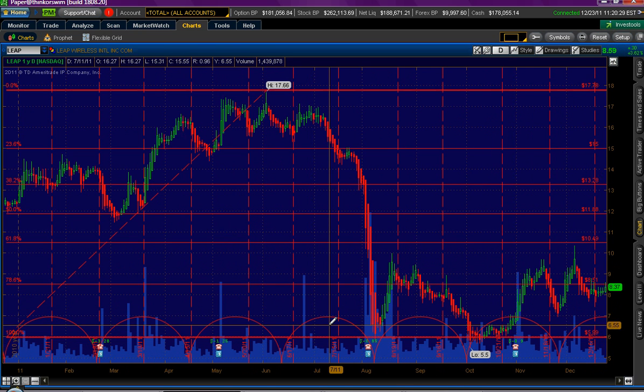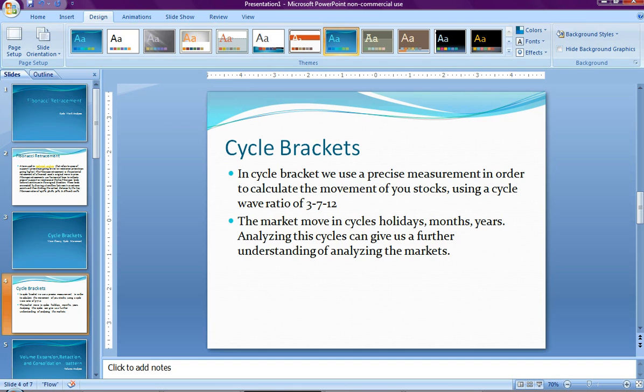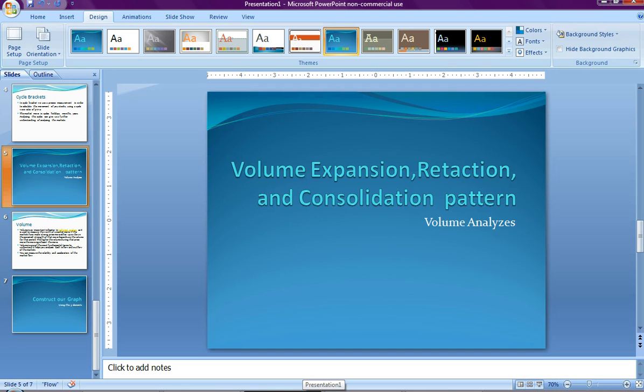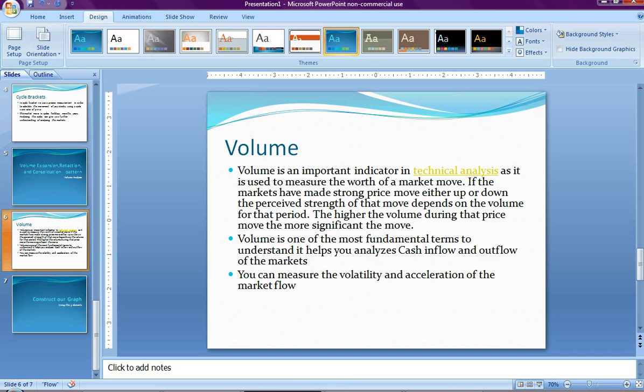Now, the second analysis that I'm going to use, and I'm sure pretty much every investor out there uses this, is something called volume expansion, retraction, and consolidation patterns, or volume analysis. Volume is the most important indicator in technical analysis. It measures the market move.